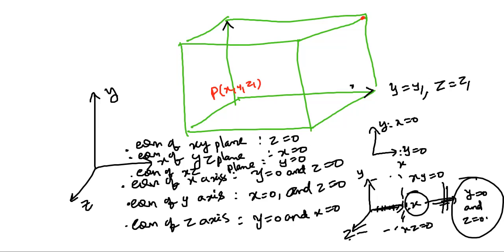If you are assuming that Q is this, for example x2, y2, z2, now you have constructed this parallelopiped. So this coordinate, suppose Q dash, will have the same x coordinate x2, the y coordinate is y1 and the z coordinate is z1. You are bringing it down to a plane parallel to the xz plane, so throughout this y shall be constant, that is y equal to y1.